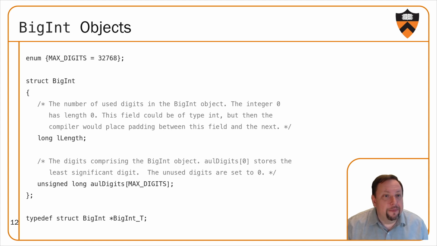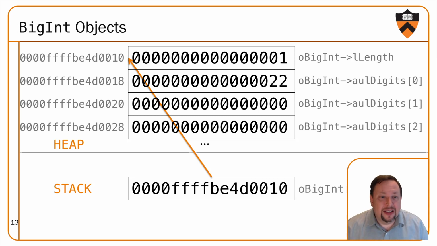So, when you allocate one of these BigInt_T's, the BigInt_T itself is going to be a pointer to a struct BigInt, which you've allocated presumably on the heap. And that contains a length field as well as 32,768 fields, each of which can hold a single digit, where a digit, remember, is actually a 64-bit long.